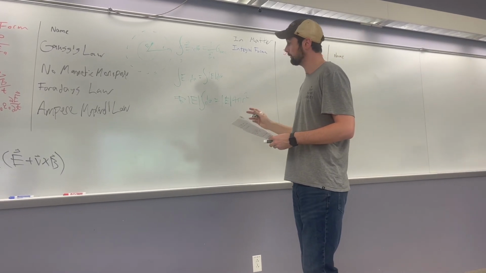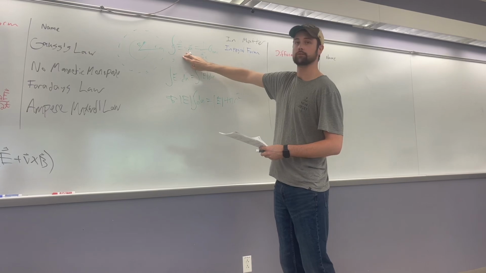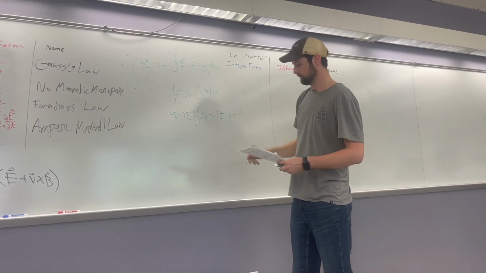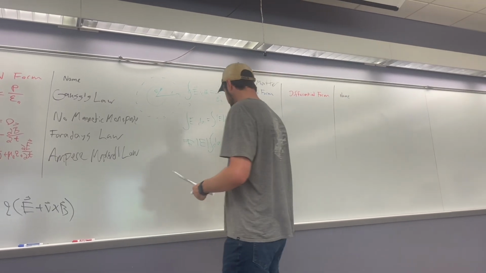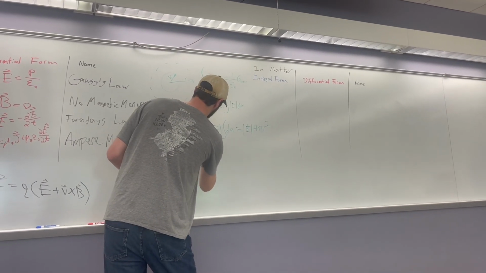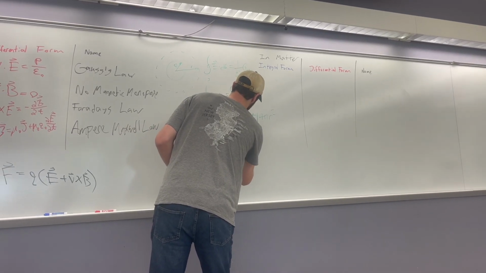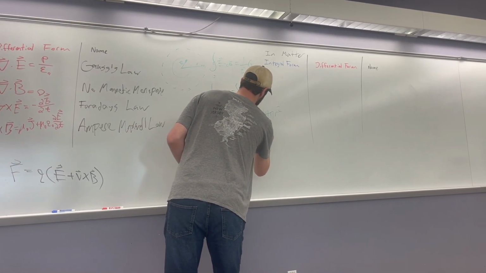And that's powerful because we can set the left side of this equation equal to the right side, and we can solve for E. Like so: E times 4 pi r squared is 1 over epsilon naught Q enclosed.